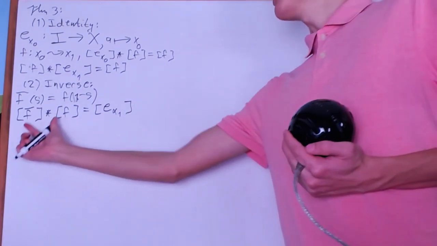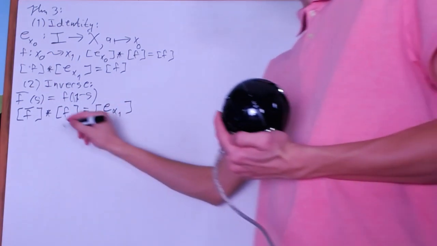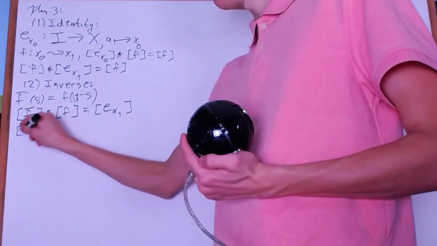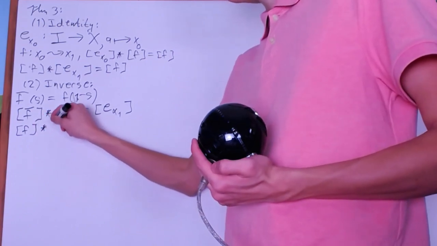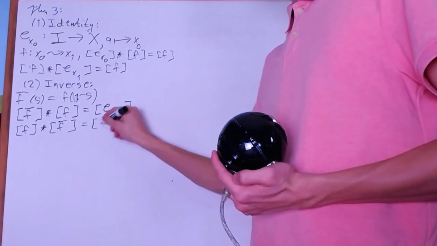So this is an inverse because when you take the product of them, you get the identity. And then it's two-sided. So the equivalence class of f star the equivalence class of f bar is going to be equal to e_x0.